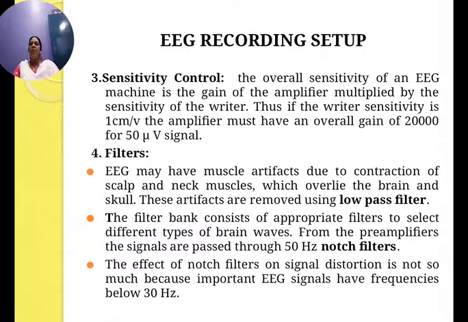From the preamplifiers, the signals are passed to a notch filter with a frequency of 50 Hz. The effect of the notch filter on signal distortion is not so important because EEG signals have frequencies below 30 hertz, and the 50 hertz notch filter can allow them. So this effect is not so important.